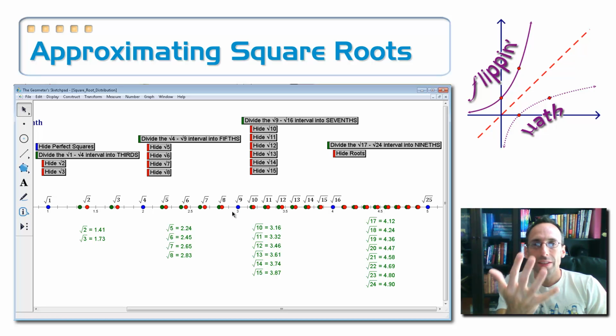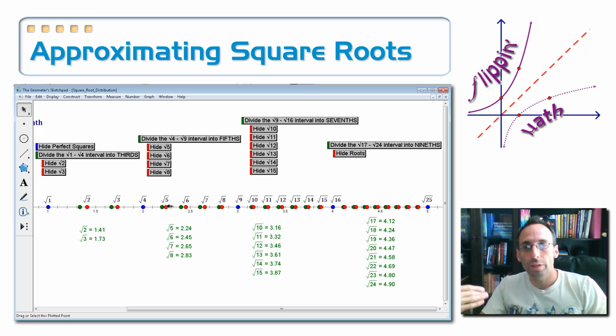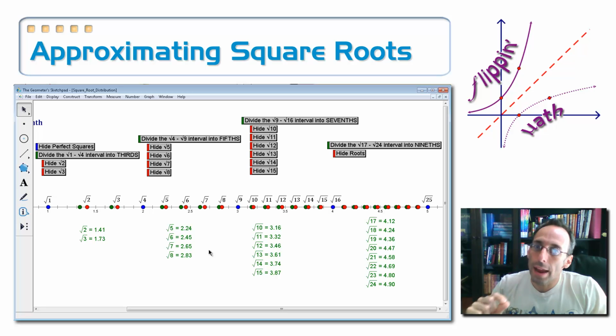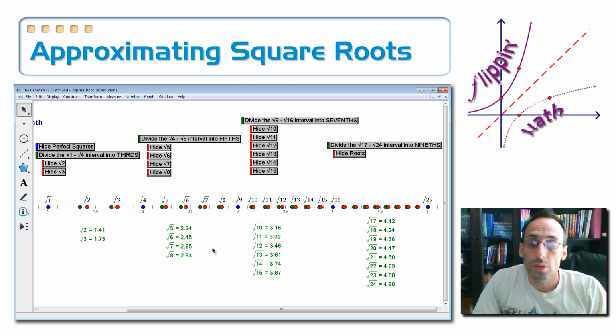So I could divide that interval up into fifths. The square root of 5 would be 1/5, 6 would be 2/5, 7 would be 3/5, 8 would be 4/5. Now, you have to realize this is just an approximation. It's not exactly what it is, because if that were true, these would be rational numbers, and that'd be crazy.